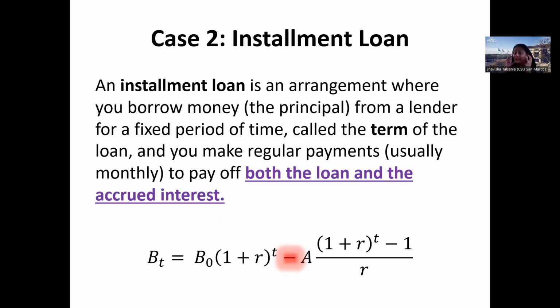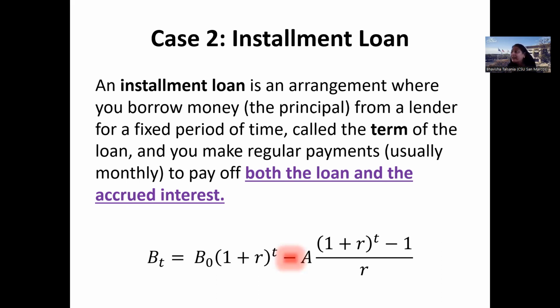The principal is the amount that you borrowed from the lender for a fixed period of time called the term of the loan, and you make regular payments. Usually this is done monthly. If you're a big corporation, it might be done quarterly, or semi-annually, but for most entities, it's done monthly, to pay off both the loan and the accrued interest.